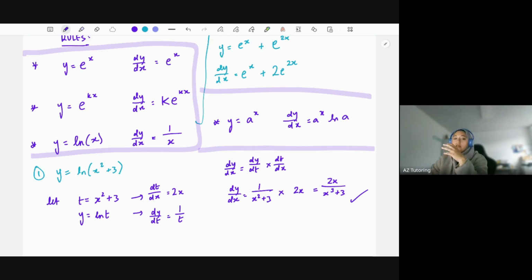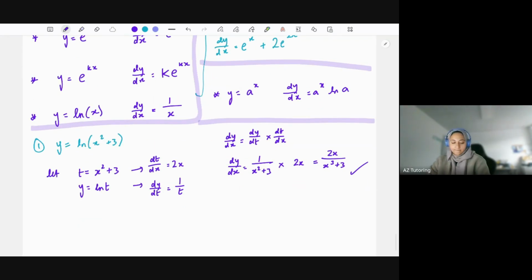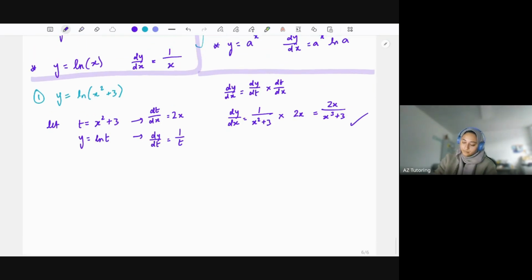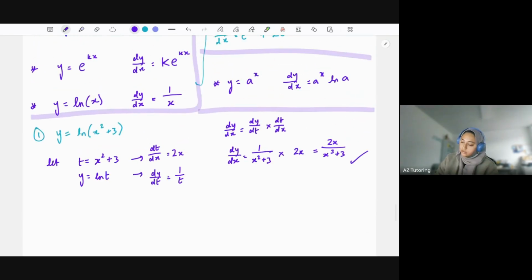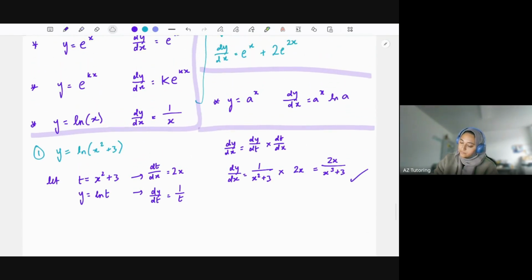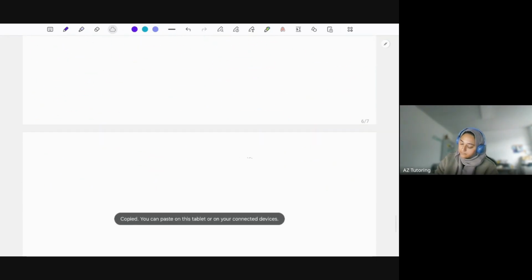You can show that this rule does work, but in the interest of time, you want to remember this result for the exam. So let's do an example of that one, and I'll do it on a new page and bring this result down so you can see it.